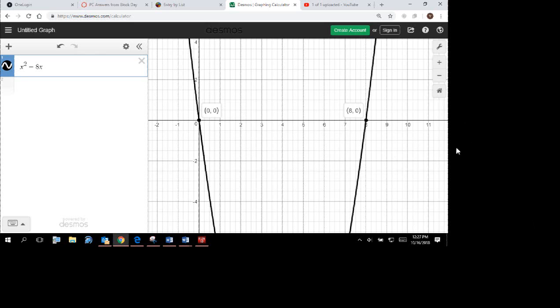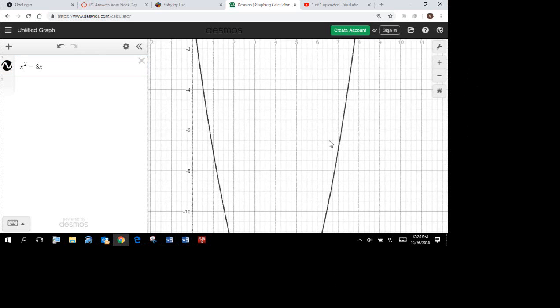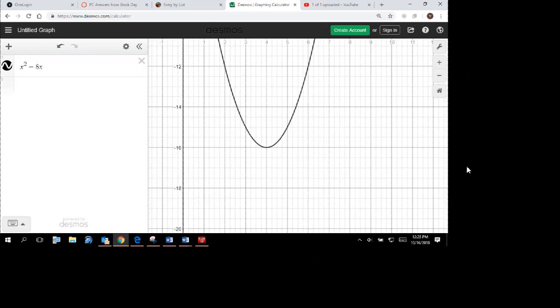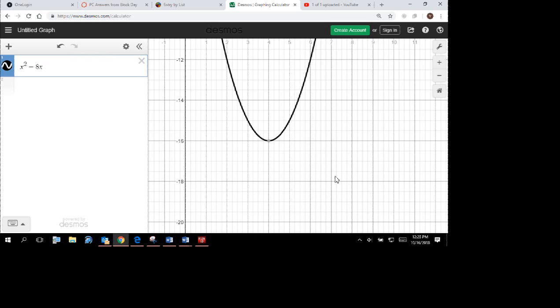It automatically even lets you click on x-intercepts. It doesn't let you do that with all the points. If I click somewhere else, it disappears right away. But x-intercepts, it knows they're important. I think it does that with the y-intercept and the vertex as well. Yep, there's your vertex.